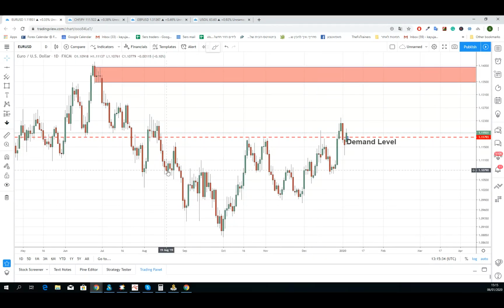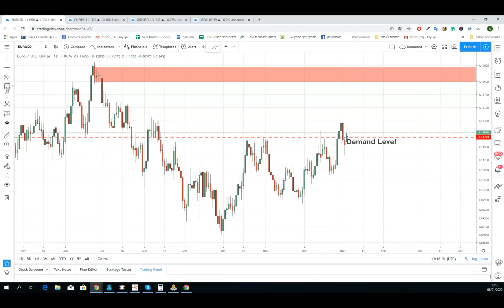So still here, the supply above, as you can see, a few little candles which create this supply. As it seems now, it's the next available fresh supply that the price didn't test since it was created. So I believe for the long term, it can be the target for this buy position.